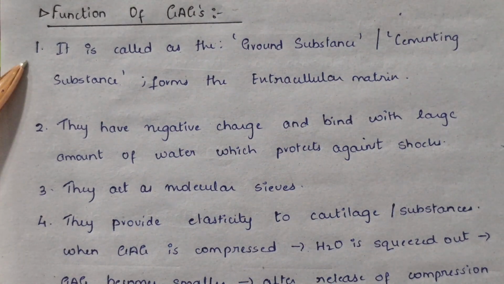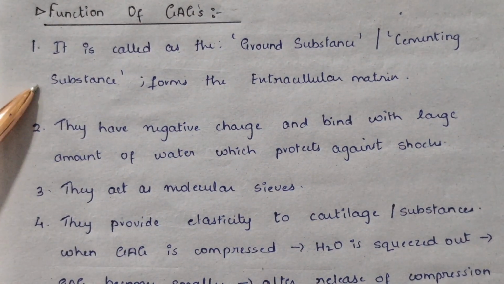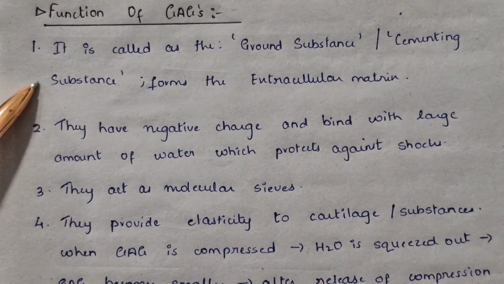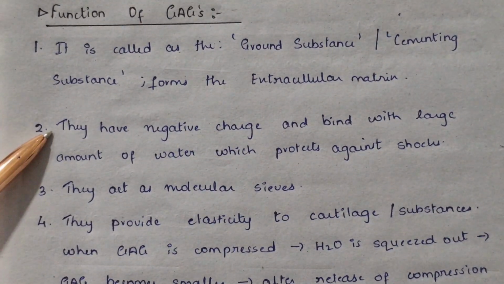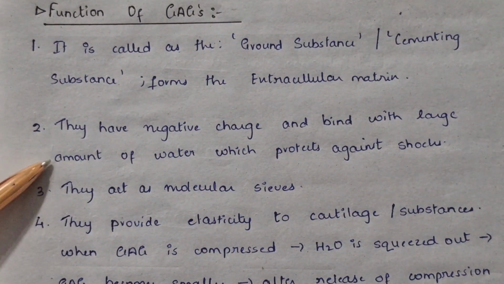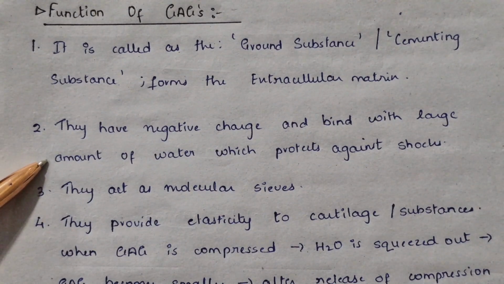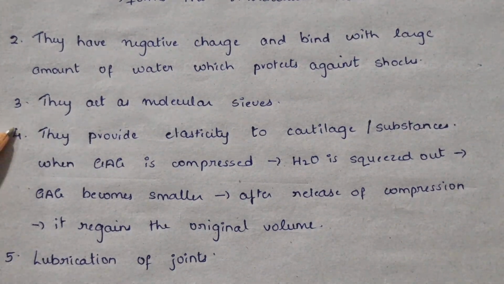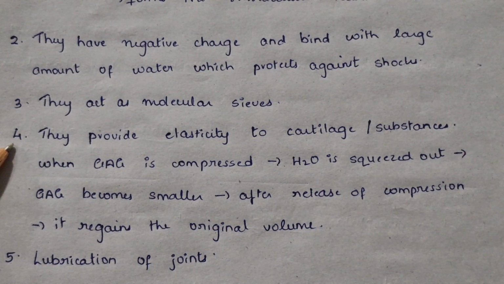It is called the ground substance or the cementing substance as it forms the extracellular matrix. They have negative charge and bind with a large amount of water which protects against shocks. They act as molecular sieves. They provide elasticity to cartilage.